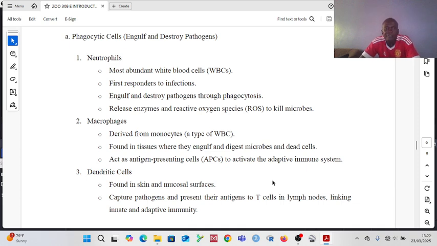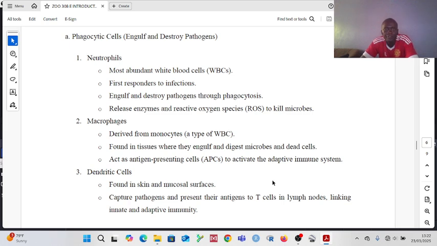The other type of the phagocytic cell are the macrophages. These are derived from monocytes. Monocytes are a type of white blood cells. The macrophages, they are found in tissues, and where they are, they engulf and digest both microorganisms and dead cells. Also, they act as antigen-presenting cells.